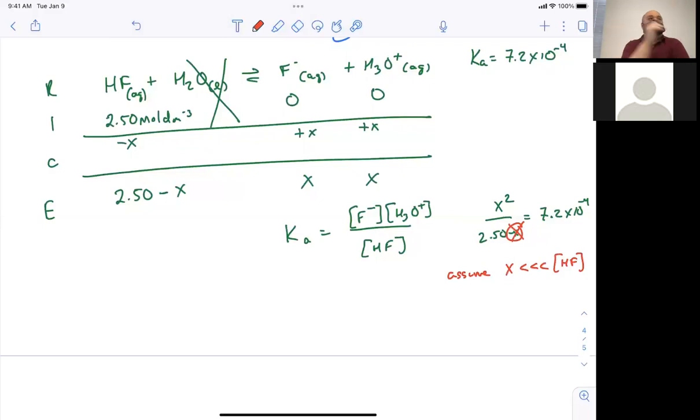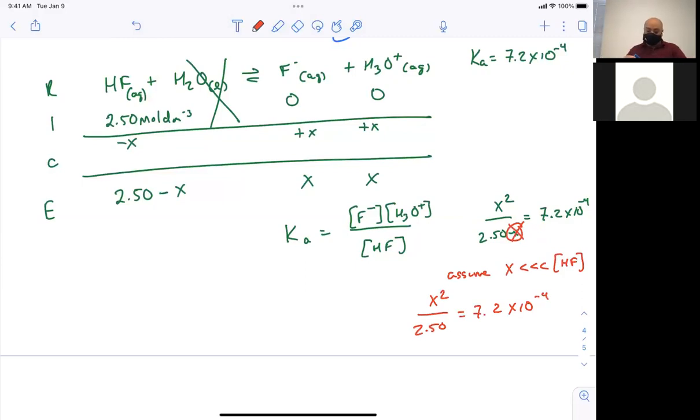So if we assume that because K is so small that the change of HF is negligible, we can simplify this into X squared over 2.5 is equal to 7.2 times 10 to the negative 4. So this allows us to calculate more easily without having to do a quadratic equation.